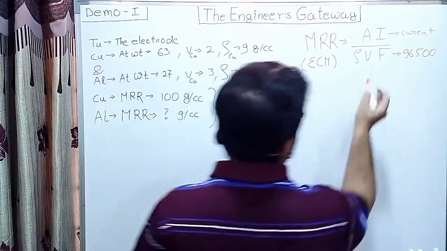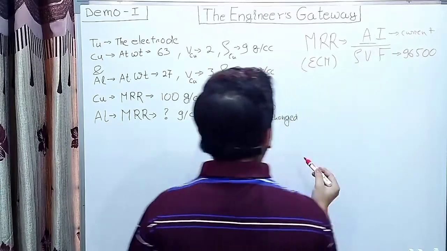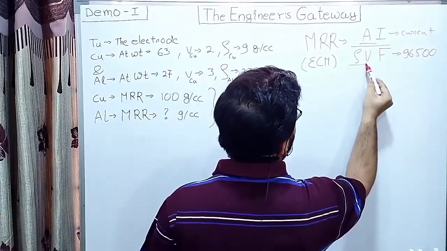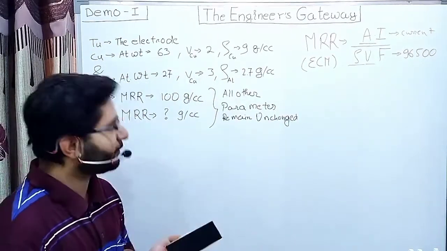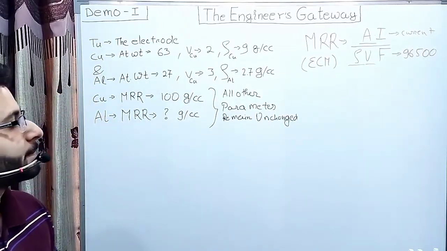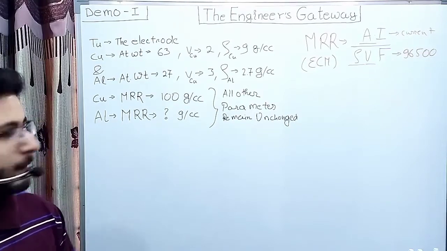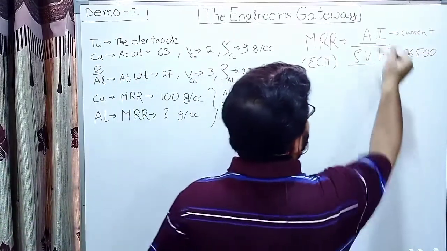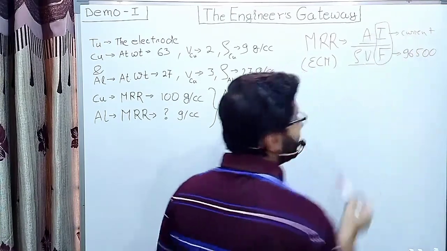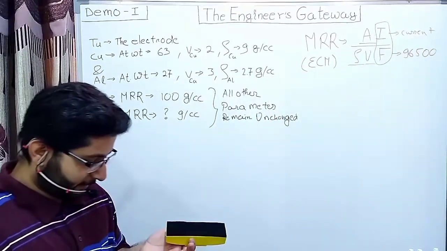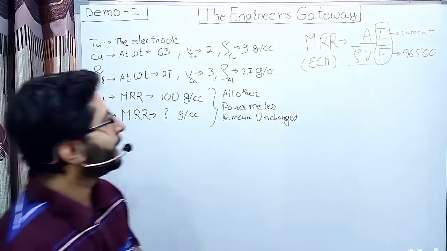Now we are given atomic weight, we are given density, we are given the valency for both the materials. Can we say that the unknown quantities I and F will remain constant? Isn't it?